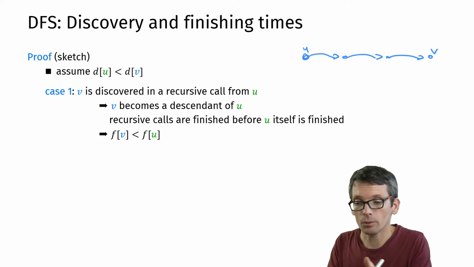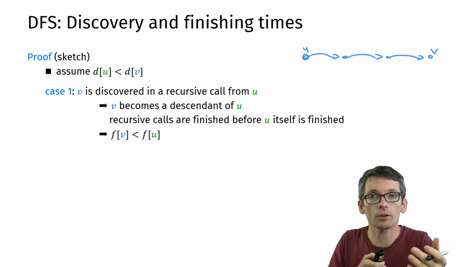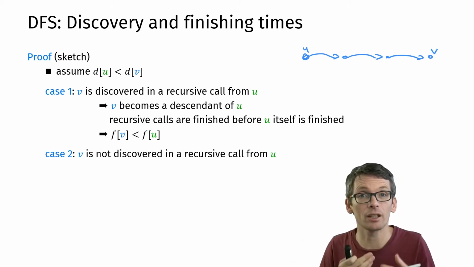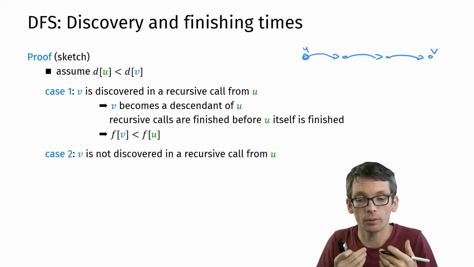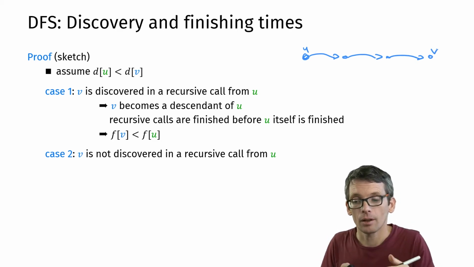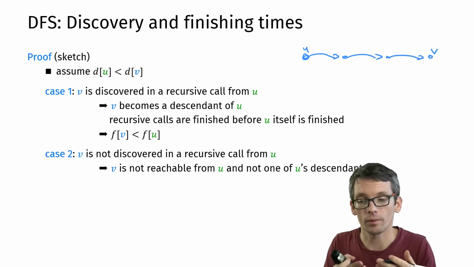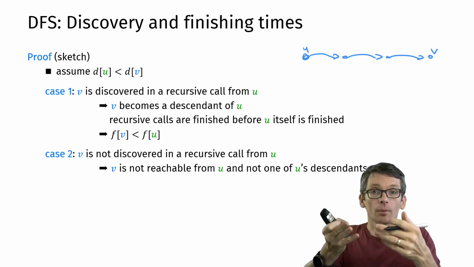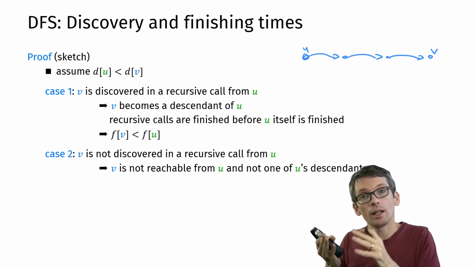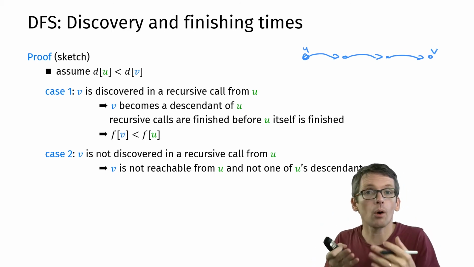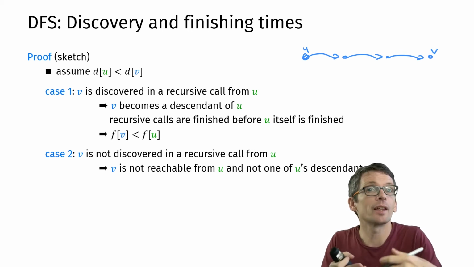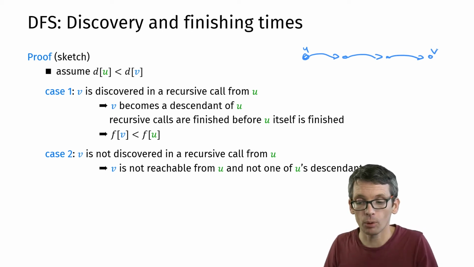The other case is that v is not discovered during the recursive call. That means that v cannot be reached from u. Keep in mind the discovery time of v is larger than that of u. So if it would have been reachable from u or any descendant of u, then we would actually have explored it.